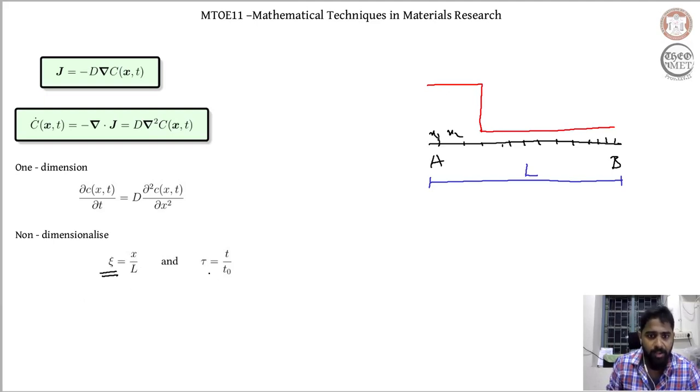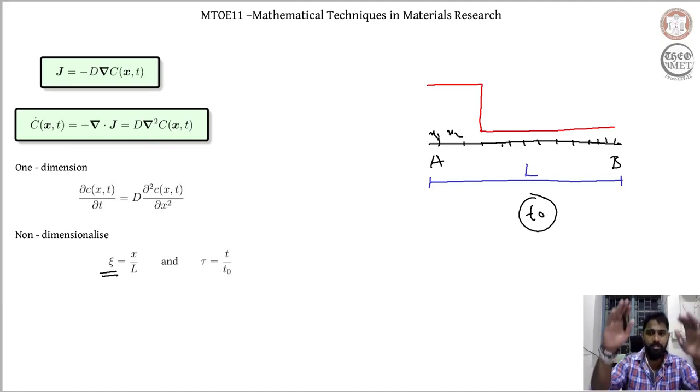In the same way, I'm going to consider a characteristic time t0. Let's assume that this t0 is the time required for my concentration to become homogeneous across this line. When I take the ratio of any given time t with respect to this t0, I end up having a non-dimensionalized time variable.